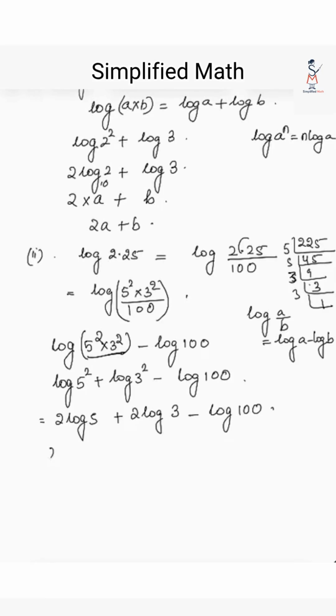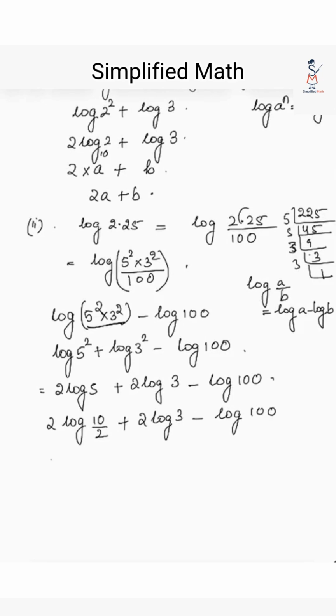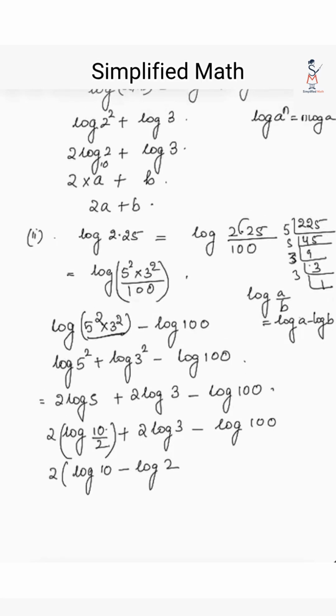That is 2 log 5. What is log 5 again? Log 5 can be written as log 10 by 2. So 2 log of 10 by 2 plus 2 log 3 minus log 100. Fine. So now this 2 is with both, this log 10 by 2. So this will become log 10 minus log 2. Again the rule of log a by b, over here we saw is log a minus log b.